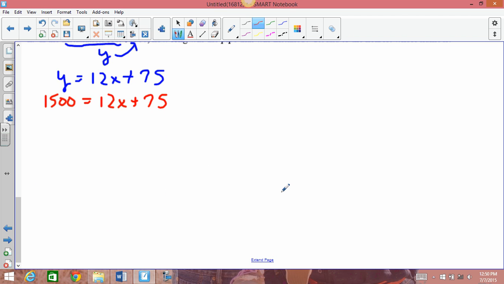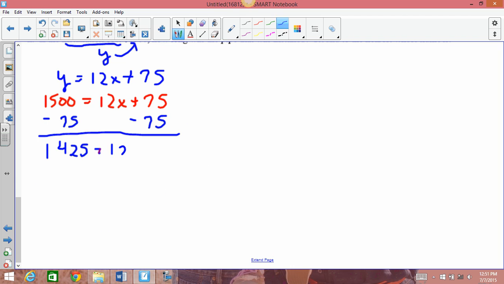So your goal is to get letters on one side, numbers on the other. Since 1,500 is sitting over there all by itself, take 75 over to join it. When you cross the equals mark, always do the opposite. So I subtract 75 from both sides. 1,500 minus 75 should be 1,425. That equals 12x. Lastly, you want to solve for x.